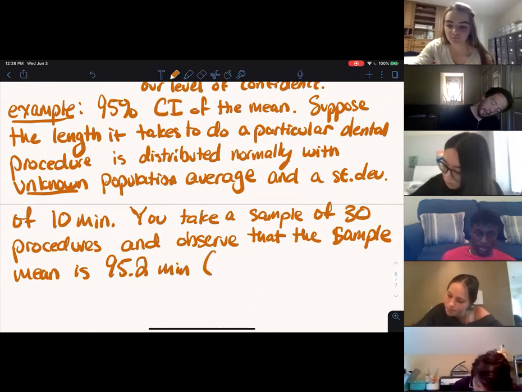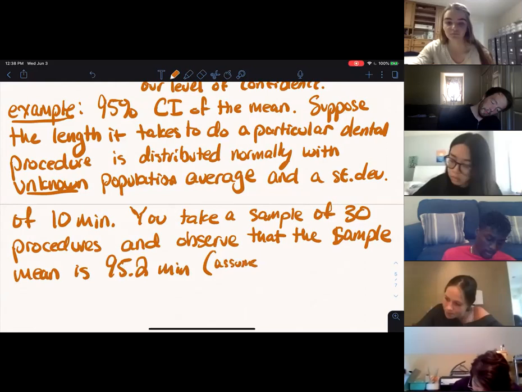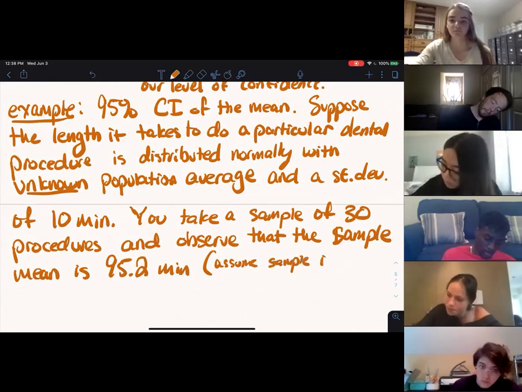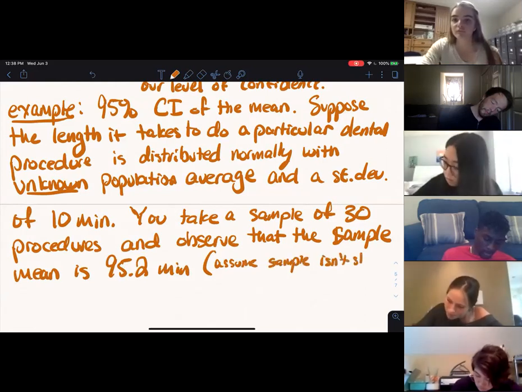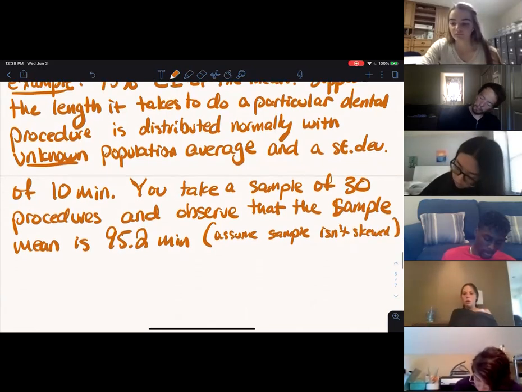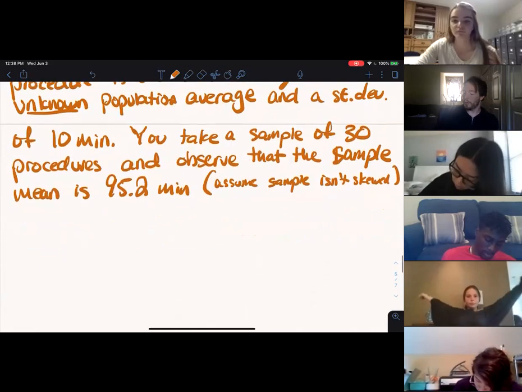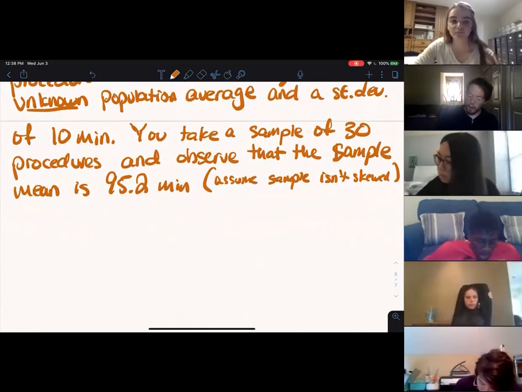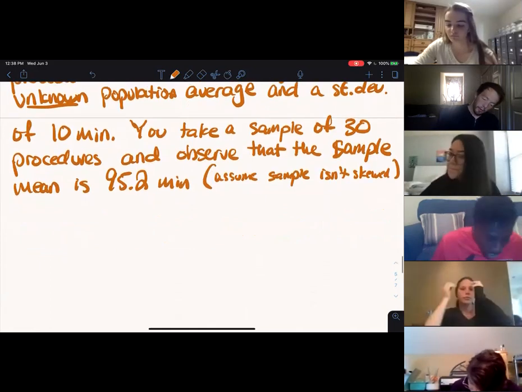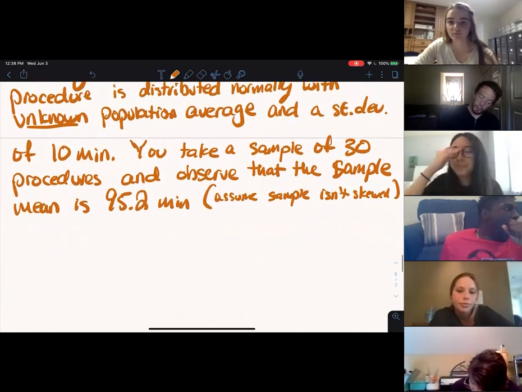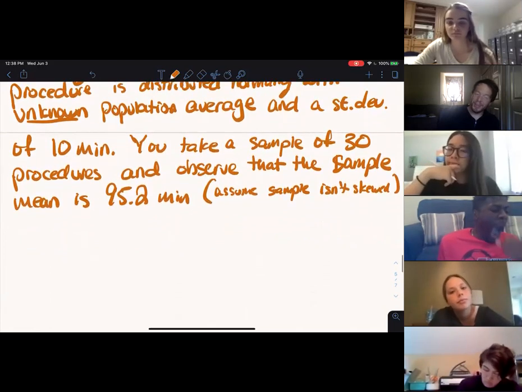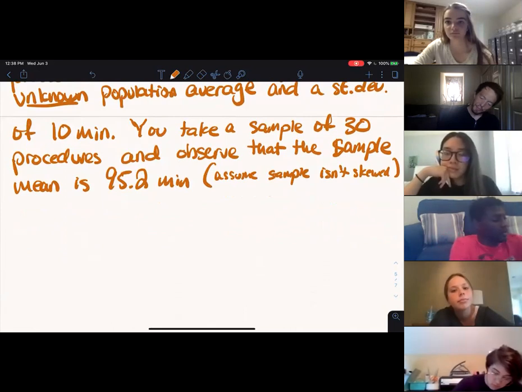And again, I'm going to say assume the sample isn't skewed. Okay. So this is our situation. Let us build a confidence interval to determine, or I guess say, what we can say about the population average.